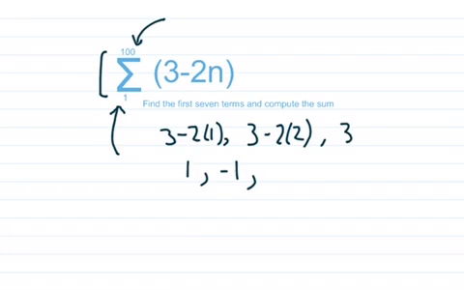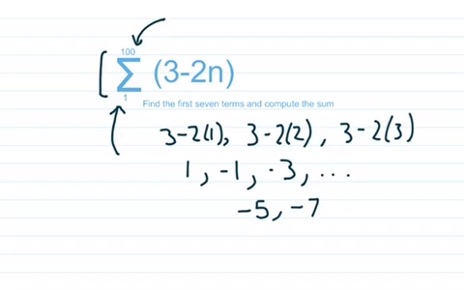Then 3 minus 2 times 3, which is negative 3. And it continues. The first 7 terms are 1, negative 1, negative 3, negative 5, negative 7, negative 9, negative 11.